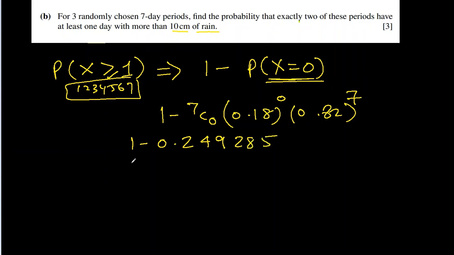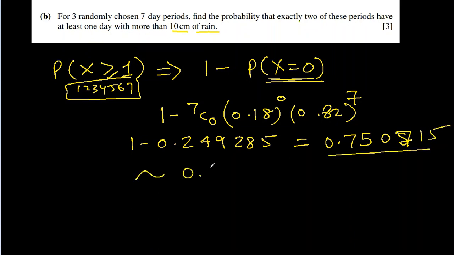Let's subtract it now, which will be 0.750715. Okay, but we don't want such a big answer, so we round it off to 0.7507. That is the probability that at least one day it rains more than 10 centimeters.